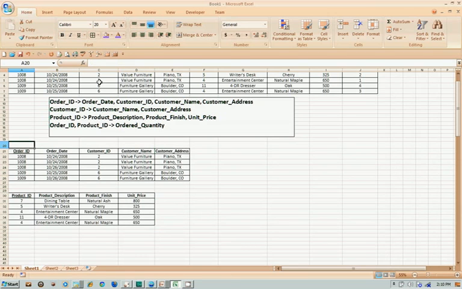We will name the first relation as customer order table, and the second table as product table.